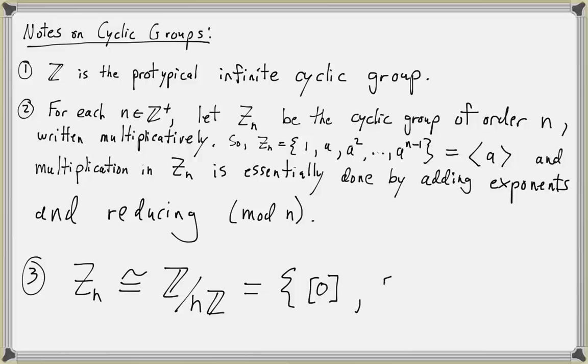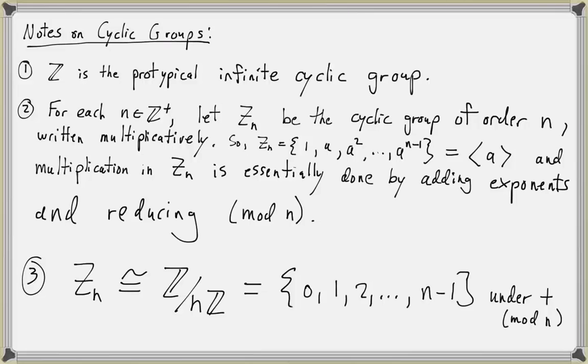The equivalence class of 1 would be the set of integers that are 1 more than a multiple of n. But this notation is a little bit unwieldy, so we'll just write this as the set 0, 1, 2, all the way up to n minus 1, where it's understood that each element of this set is actually an equivalence class of integers. And this group has operation addition, and we reduce mod n.